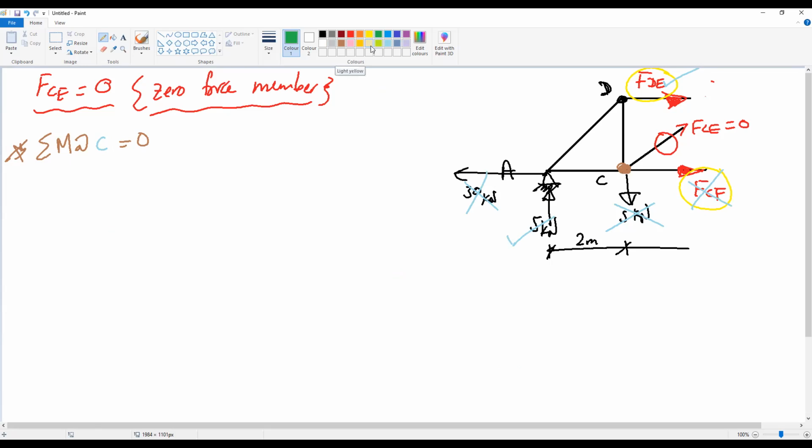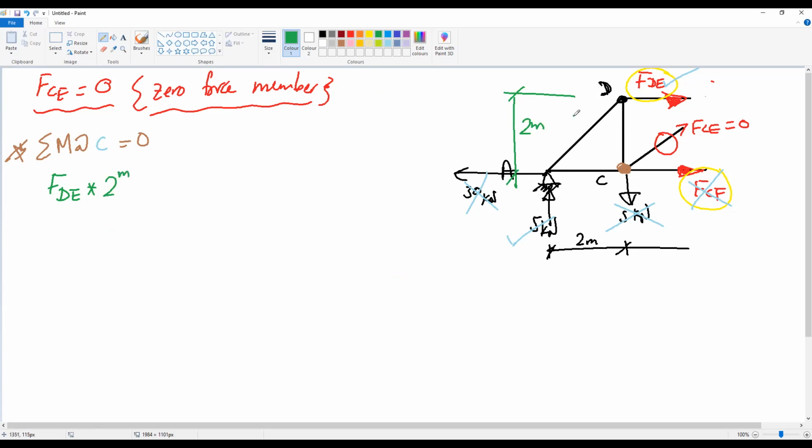How can we find the moment? What is the moment of FDE? FDE is the force. To get its moment, we need the distance. What is the distance between C and member DE? This is the distance, which is 2 meters. So FDE multiplied by 2 meters.